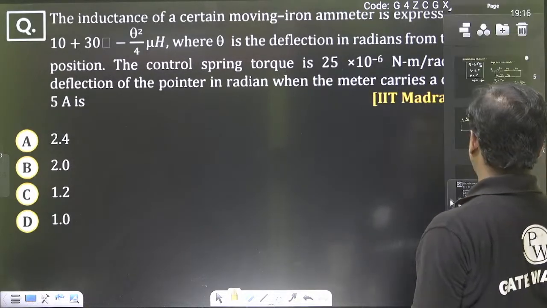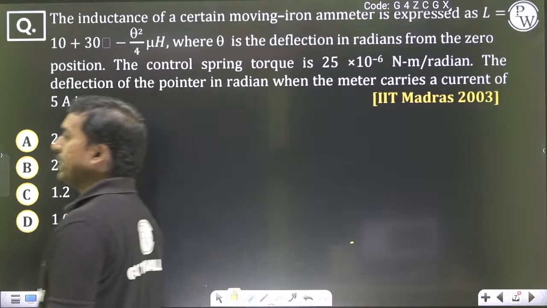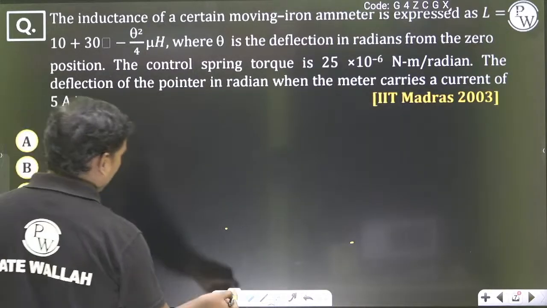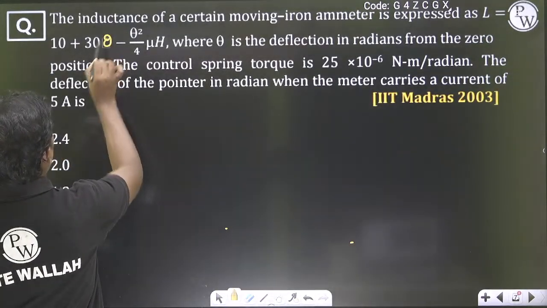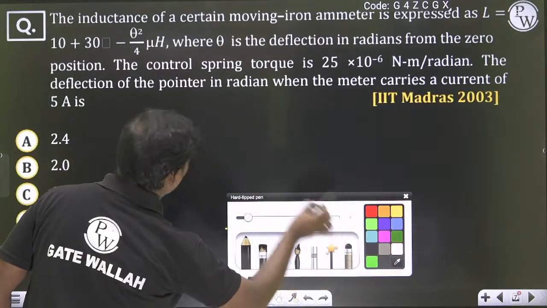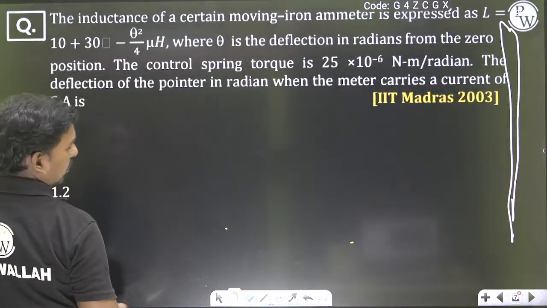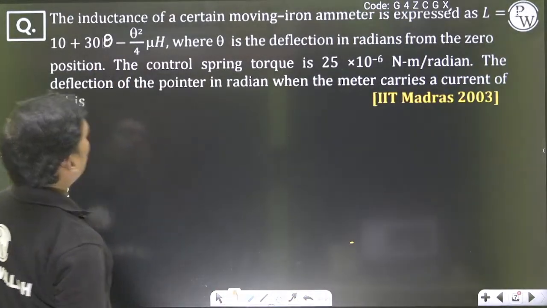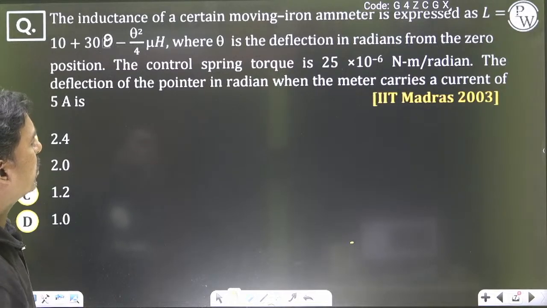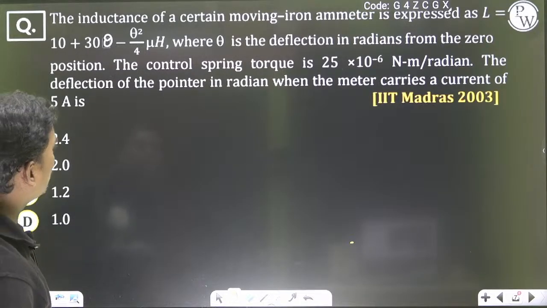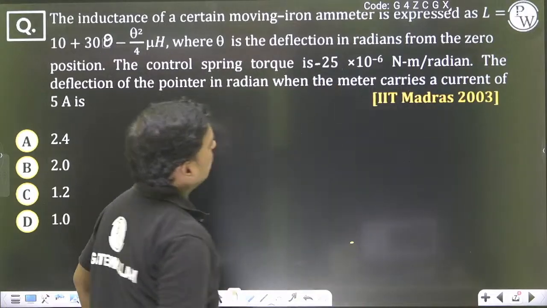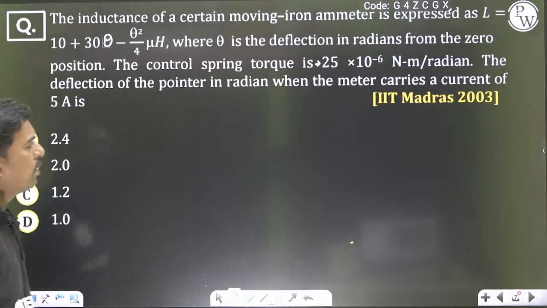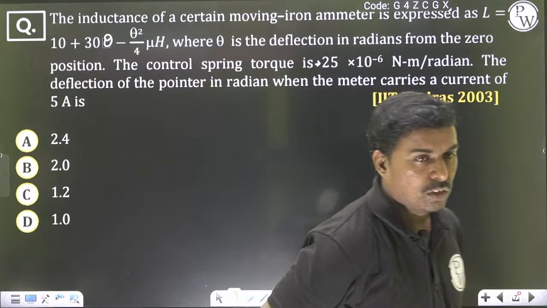Check this question, what is the answer? The inductance of a certain moving iron ammeter is expressed as L is equal to 10 plus 30 theta minus theta square by 4 microhenry, where theta is the deflection in radians from the zero position. The control spring torque is 25 into 10 power minus 6 newton meter per radian. The deflection of the pointer in radians when the meter carries a current of 5 amperes is dash. So how to solve this?